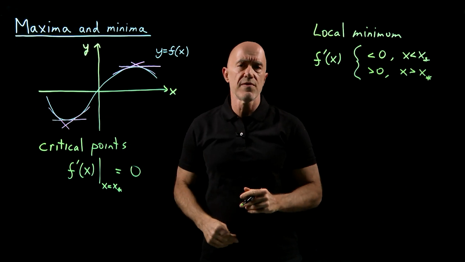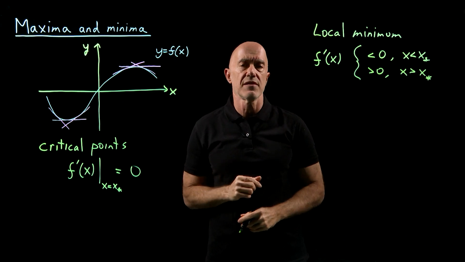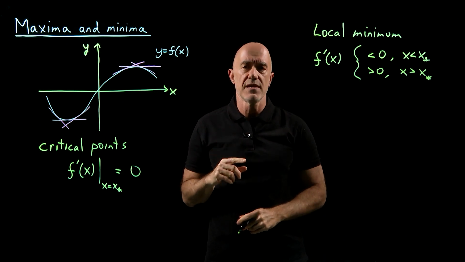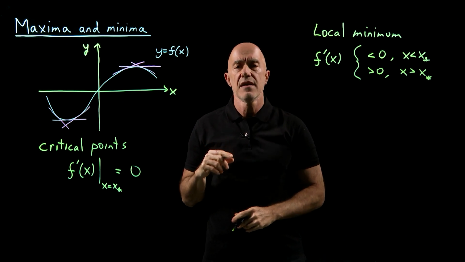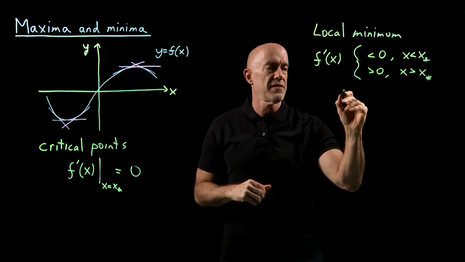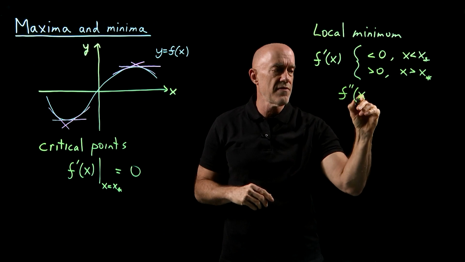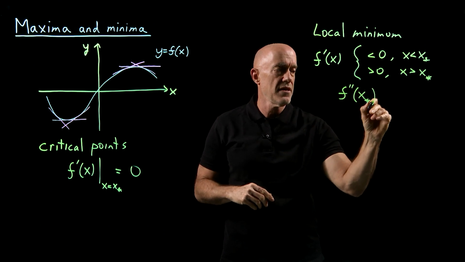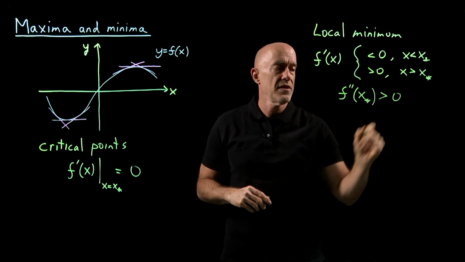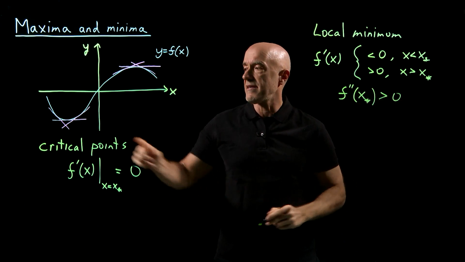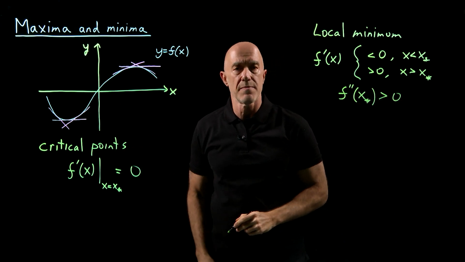So the first derivative is an increasing function. If the first derivative is an increasing function, then the second derivative is positive. So at the critical point, the second derivative has to be positive. So the second derivative is positive at a local minimum.